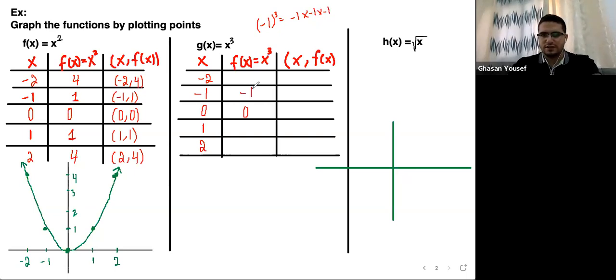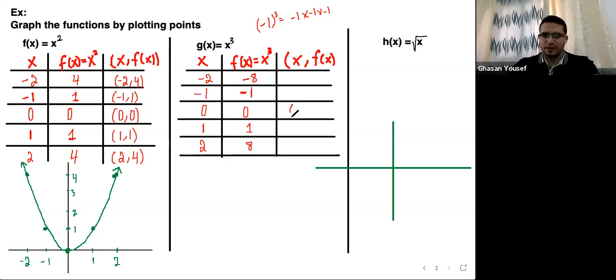So the value here is -1. What about -2? -8, this is correct. What about 1? Positive 1. And what about the 2? It is 8. This is correct.